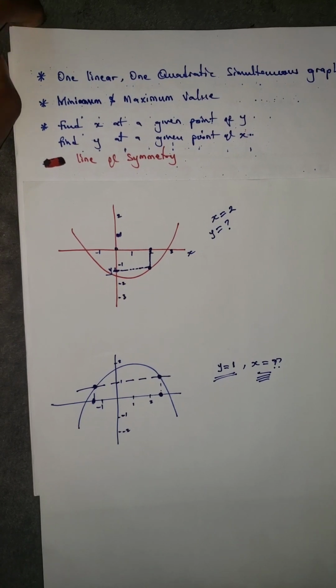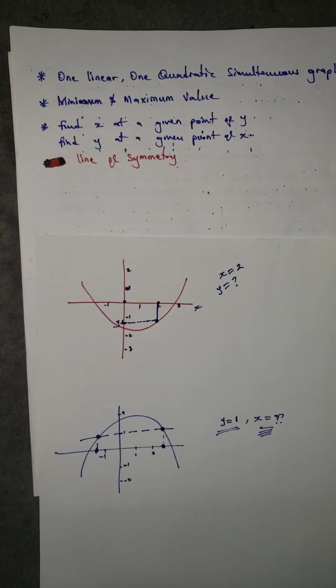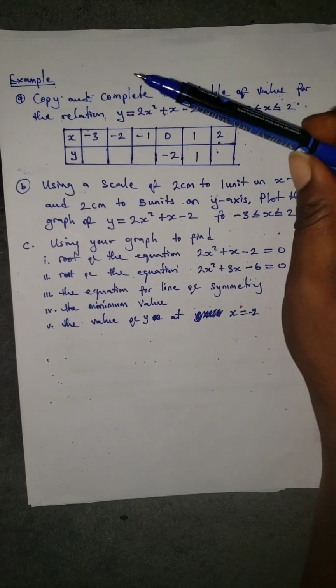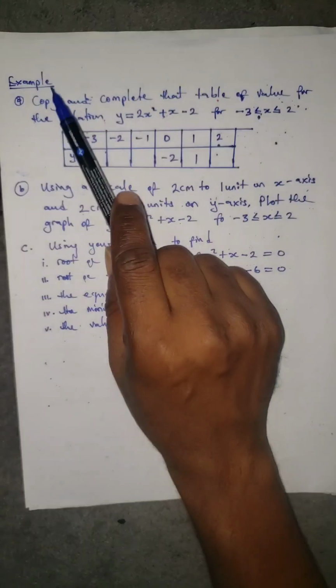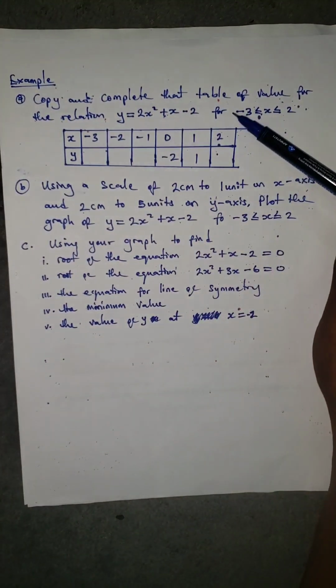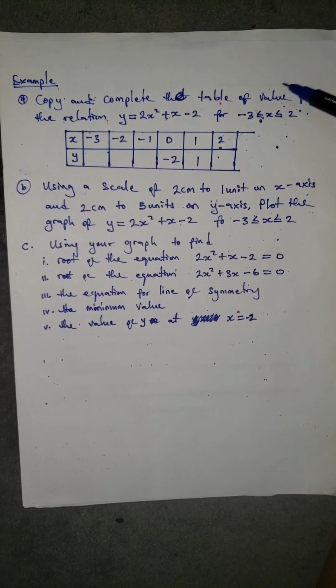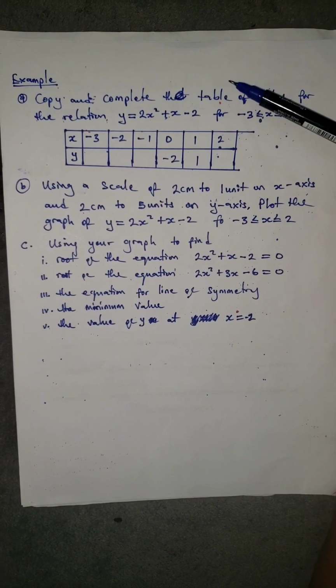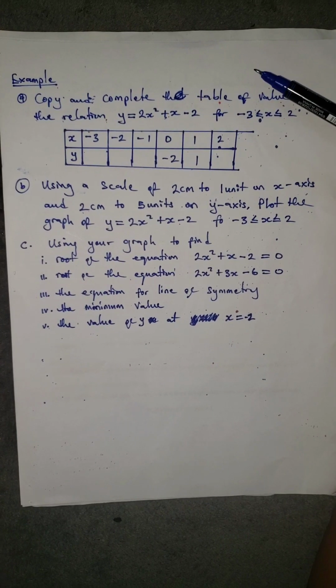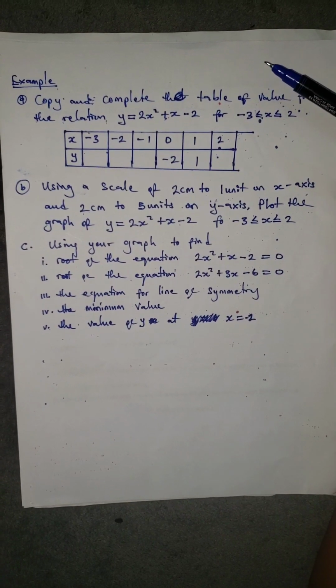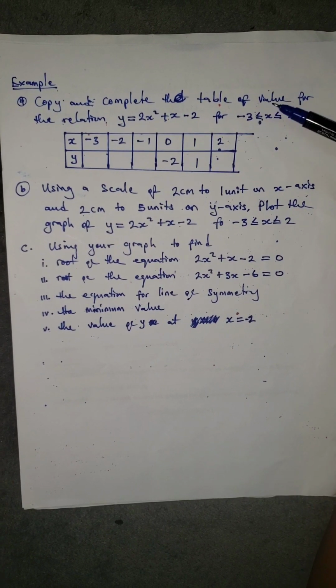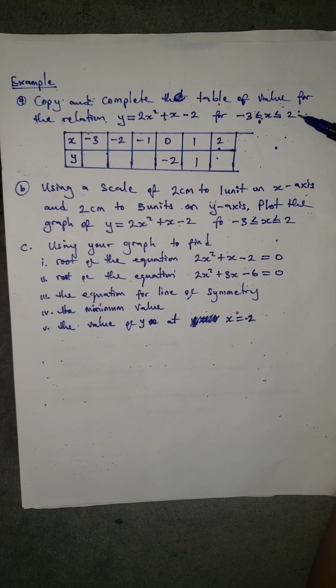So after describing these things, let us look at an example and apply it in our graph and see how we can find that. Let us look at this example here. We are asked to copy and complete the table of values for the relation y equals to 2s squared plus s minus 2 for minus 3 less than or equal to s less than or equal to 2.